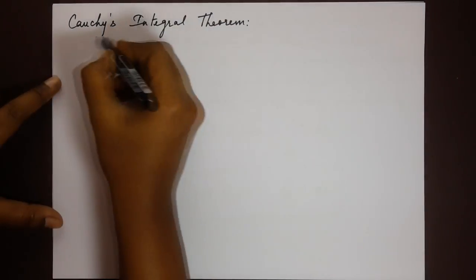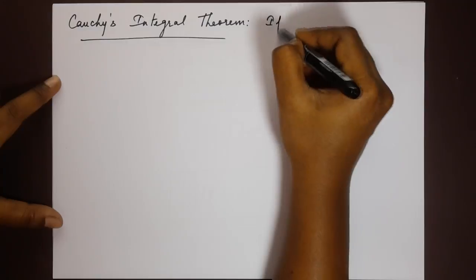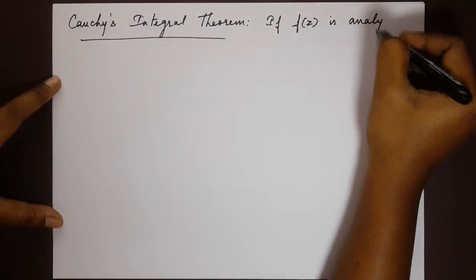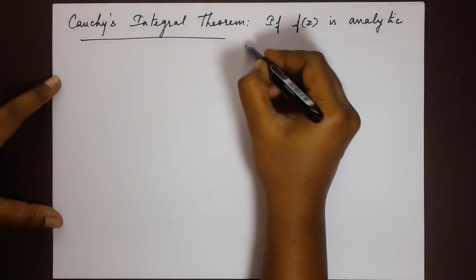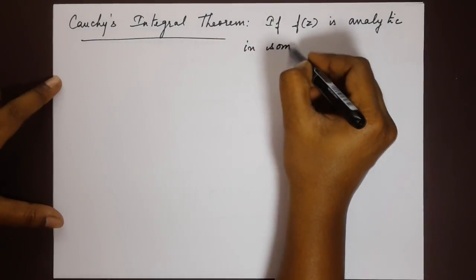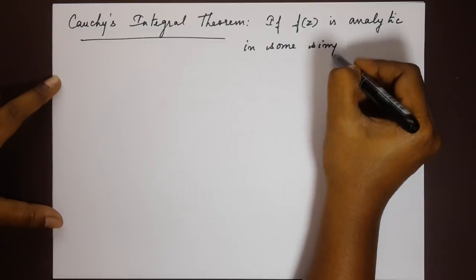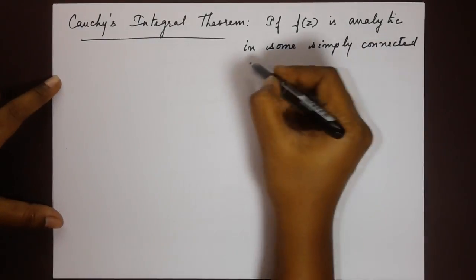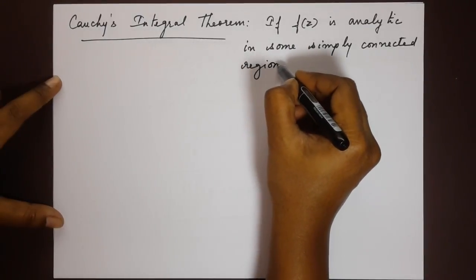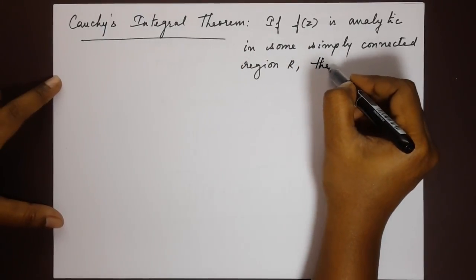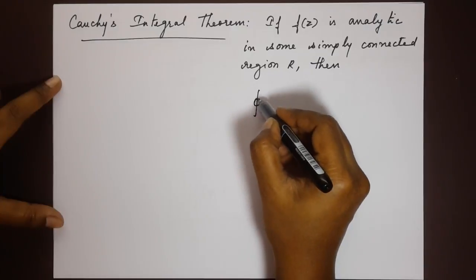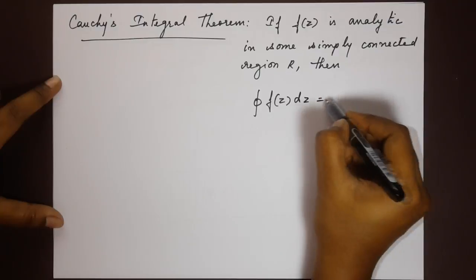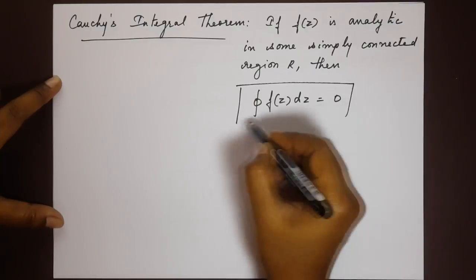Now the statement says, if a function f of z is analytic in some simply connected region, let's call that region R, then we have our equation closed integral of f of z dz equals 0.